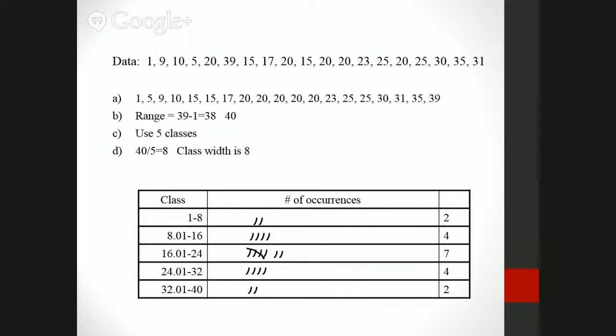You don't have to, but you have this set of numbers. What we're going to do is go through here and put them in order, which is conveniently done for you. So go ahead and write it down. We're going to actually build a histogram.